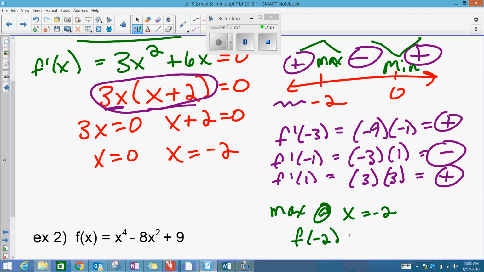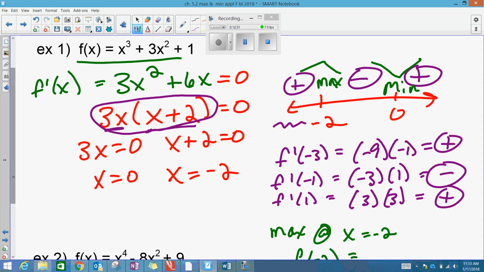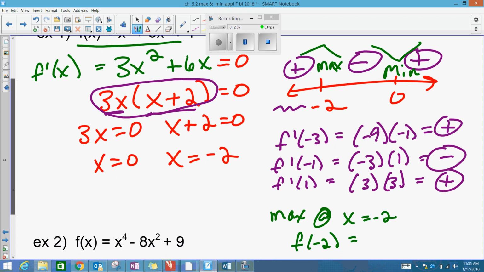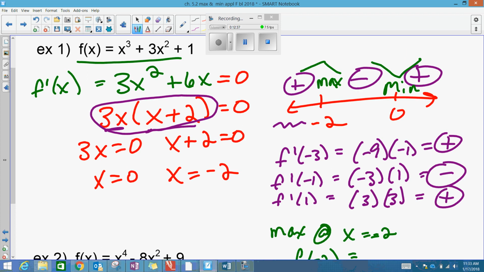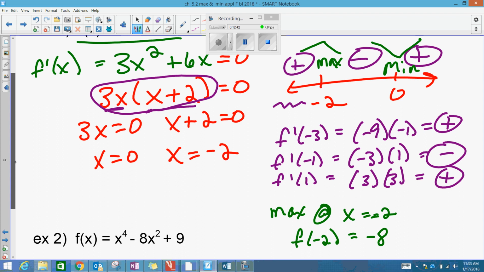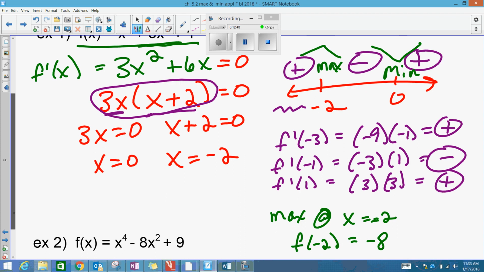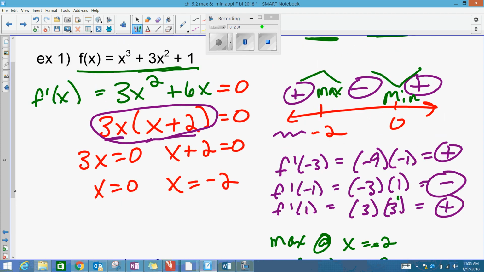original equation. If I plug -2 into the original equation, I get -2 cubed is -8, plus 3x squared is going to be 12, plus 1.